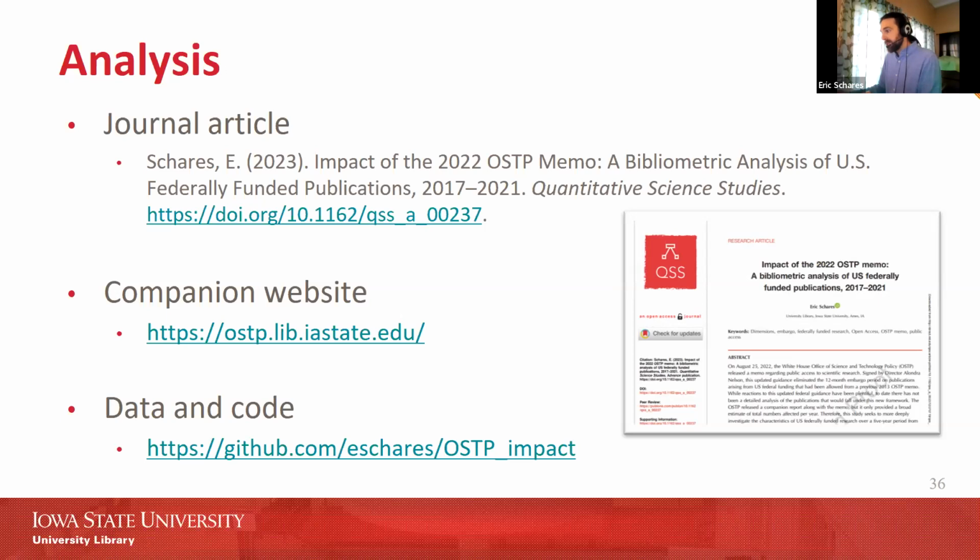In this paper, all the graphs that I just showed, similar things, those are all static, right? It's just a screenshot in a PDF file. And again, I can't label all the points. I can't really show you everything that's going on in there. And so I did make this companion website, and that's what we're going to go to right after this, ostp.lib.iastate.edu.